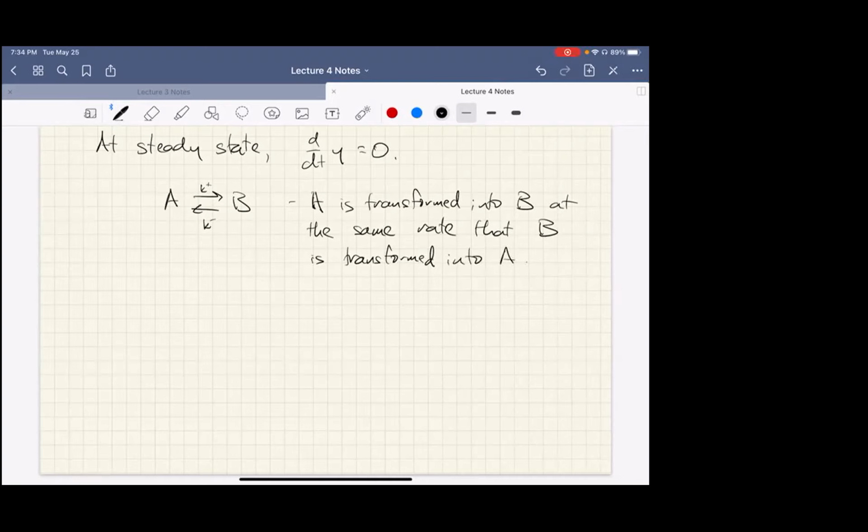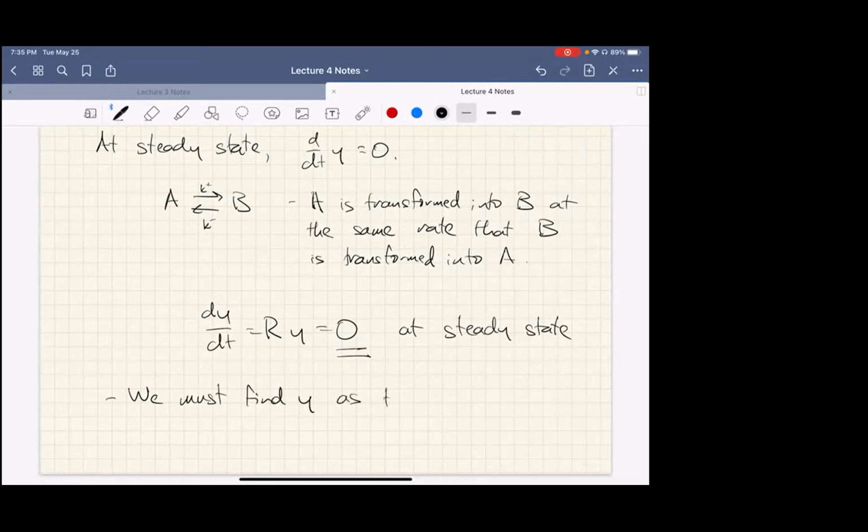What does this mean? If I write down my master equation again, if this is 0 at steady state, then we must find y as the solution to Ry equals 0.